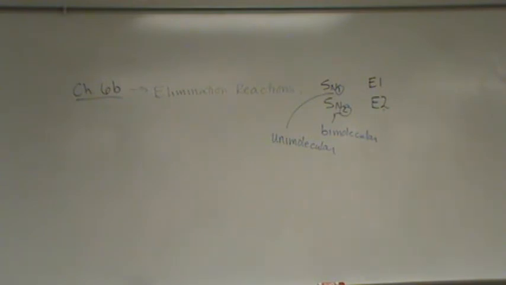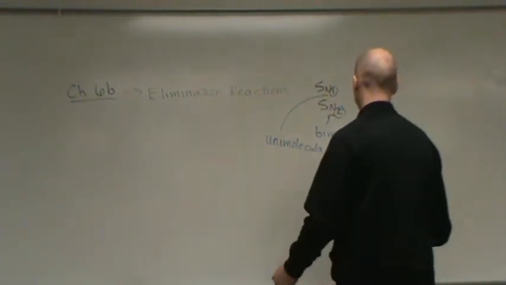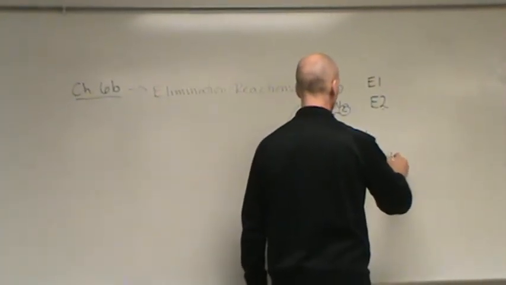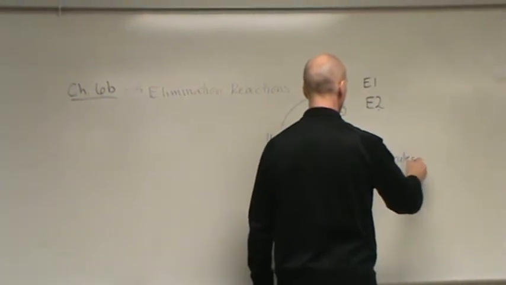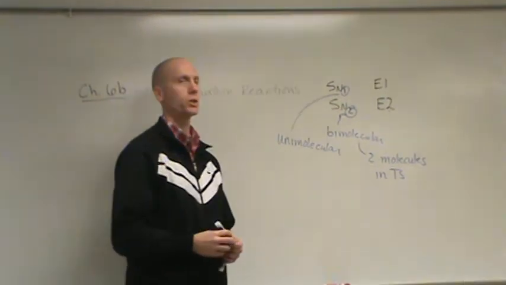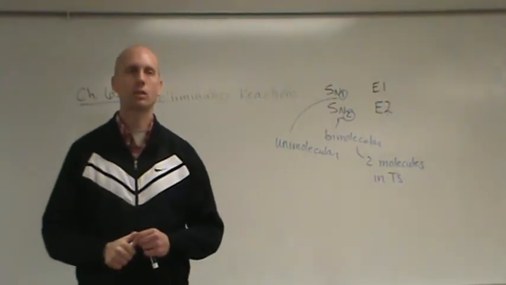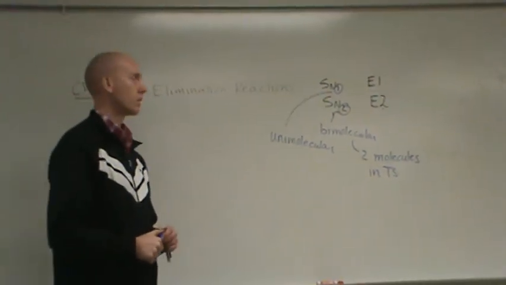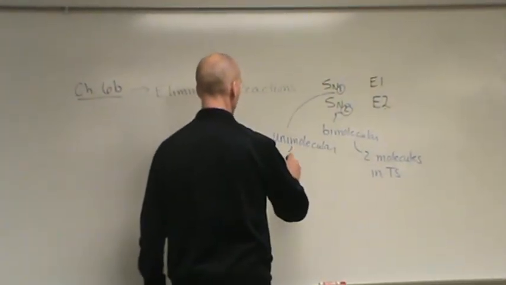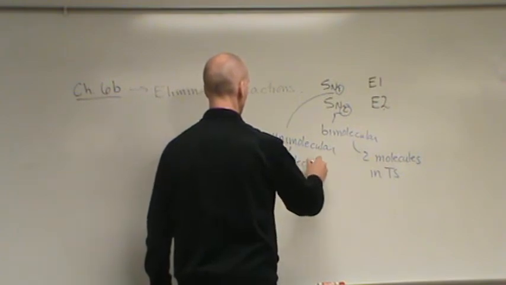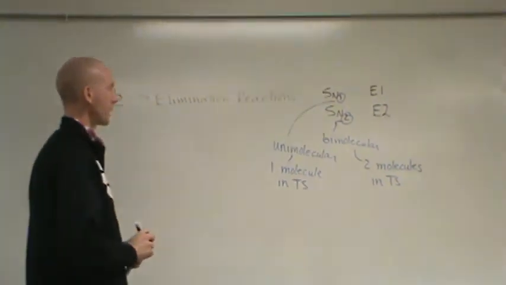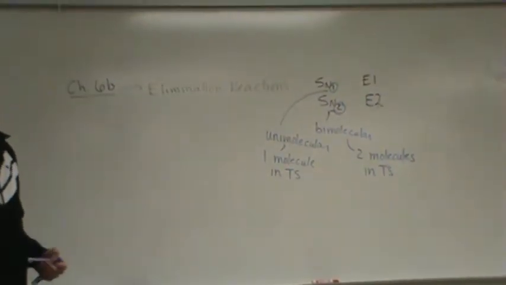A bimolecular reaction means that 2 molecules are involved in the transition state. Unimolecular reaction, 1 molecule is involved in the transition state. Remember, SN1, there were 2 steps, weren't there?